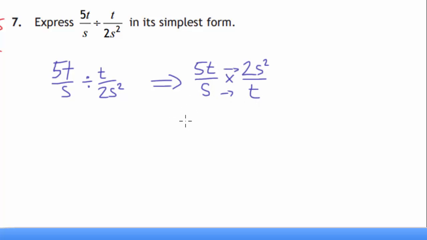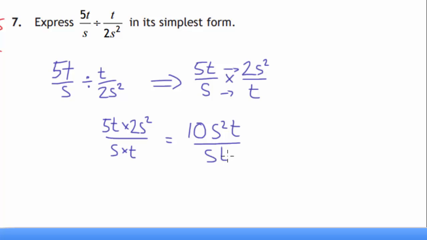So what we've now got is 5t over s times 2s squared over t. Obviously you can miss out this wee step, I'm just doing it to go into detail. That's equivalent of the 5 and the 10, and s squared t, or 10ts squared, it doesn't matter, and that's st, and then you have a wee look and see what things cancel out.